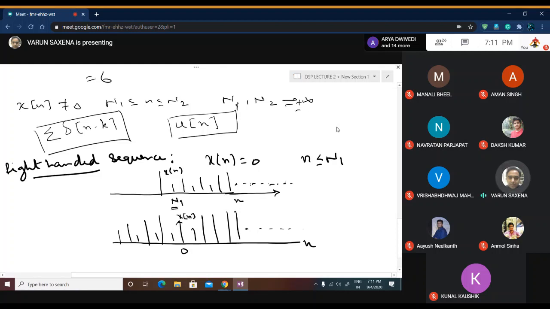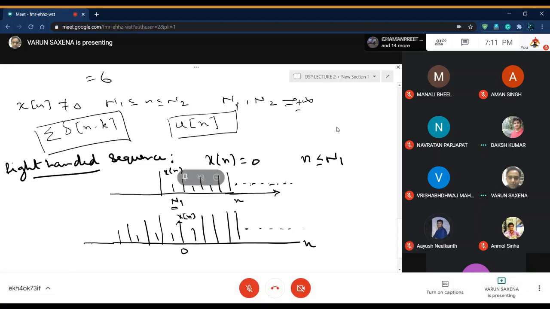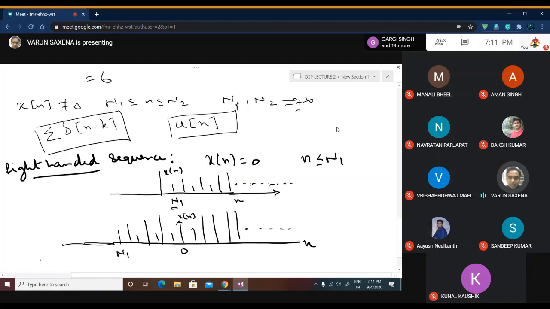Now if I ask you, is this a right-handed sequence, what will you say? Yes, sir. It is a right-handed sequence because this is your n1 here with some negative quantity, doesn't matter, but it is 0 for all n less than n1. And therefore I call this sequence a right-handed sequence.